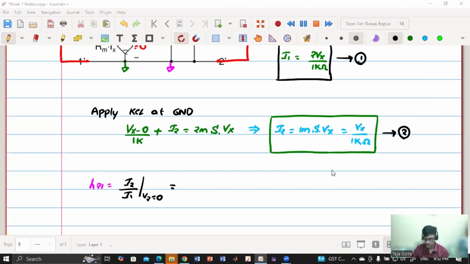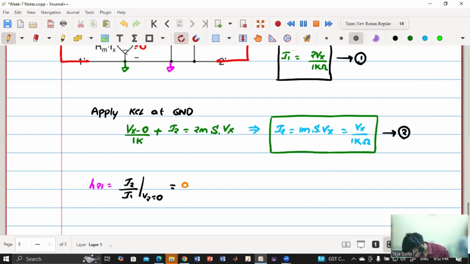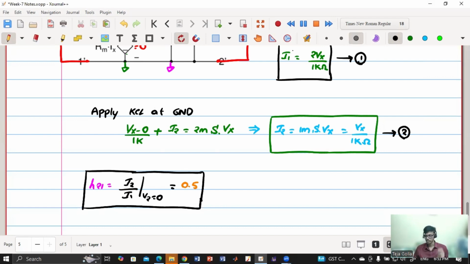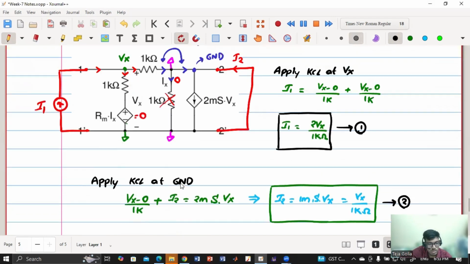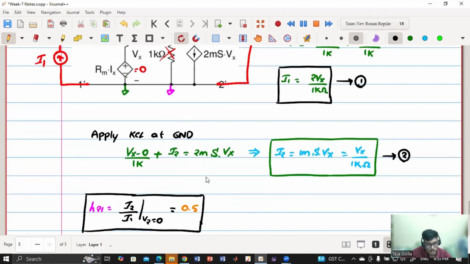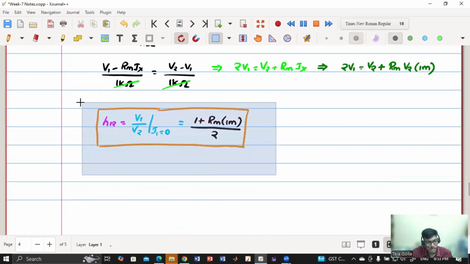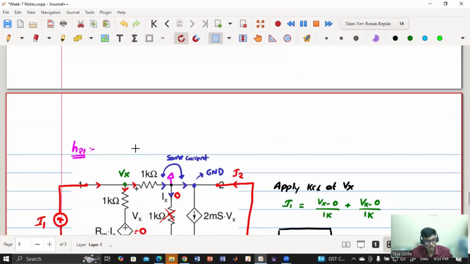How much? 0.5. So I got the H21 value directly. H21 is 0.5. This is good. Now we'll see what is H12 and then we'll equate H12 and H21.